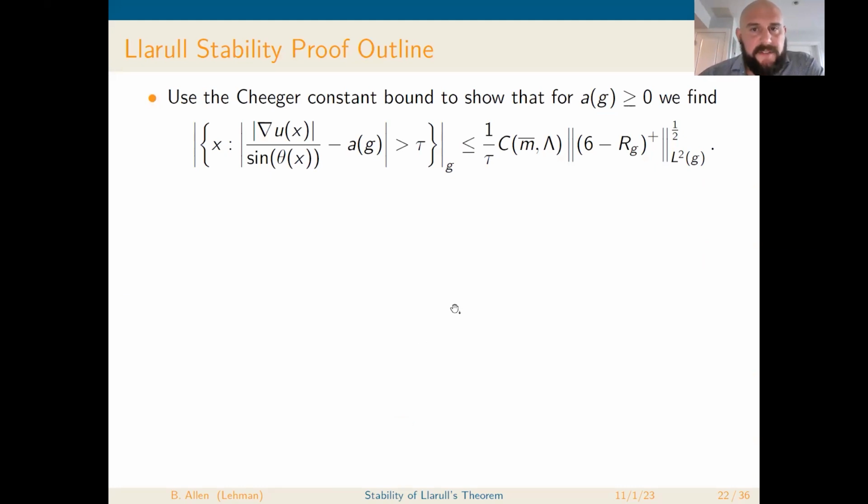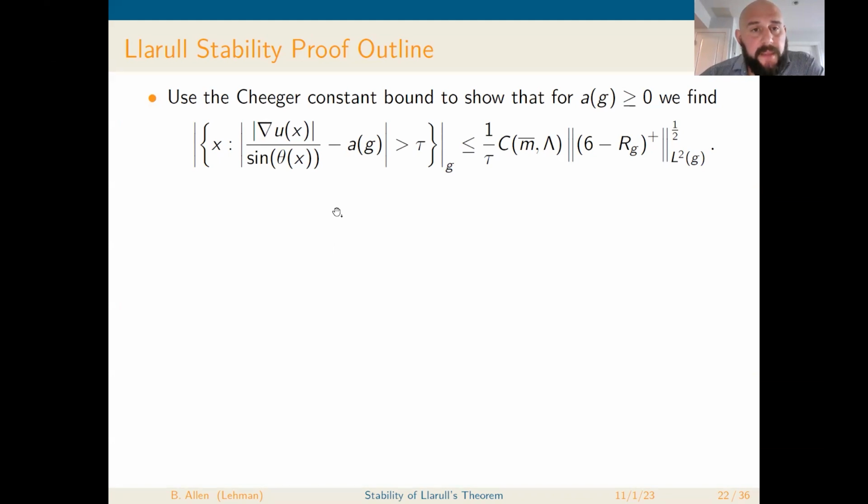Okay, so let me just start with an outline of the proof, and then I'm going to go into slightly more details. So using the Cheeger constant bound, you can show that there's this non-negative constant A so that the following is true. Here we use the Cheeger constant bound to get a Poincare inequality, and that's where the A is coming from, like an integration constant.